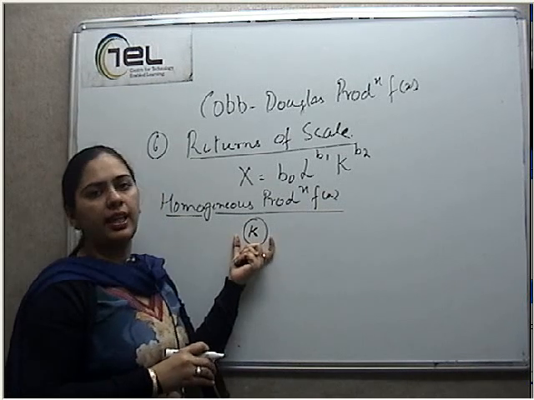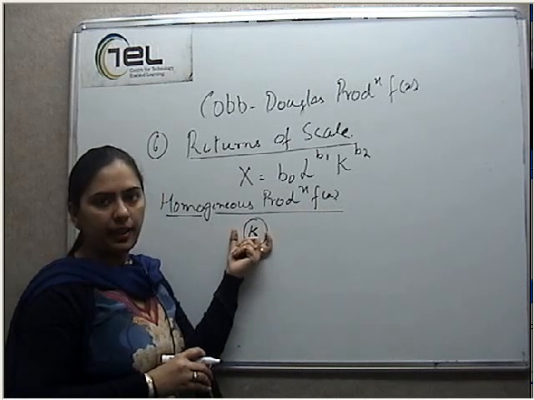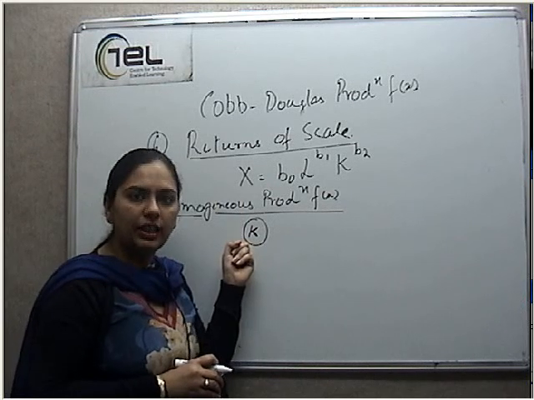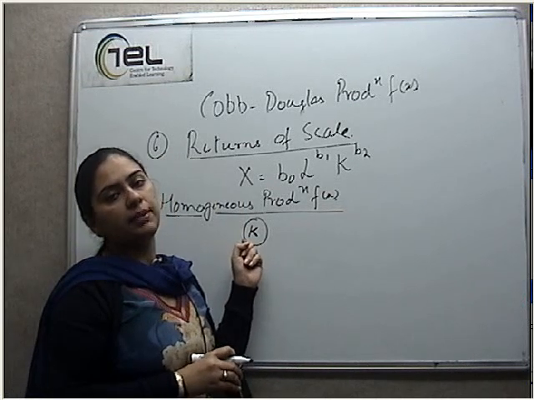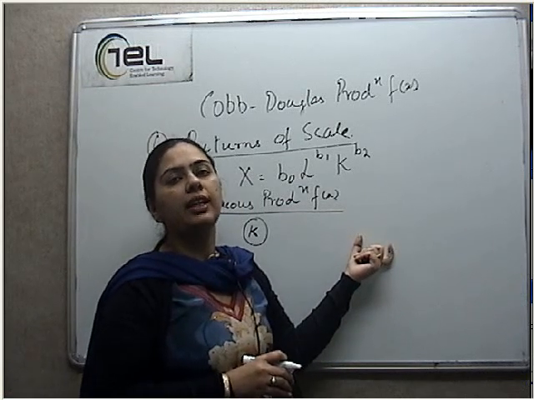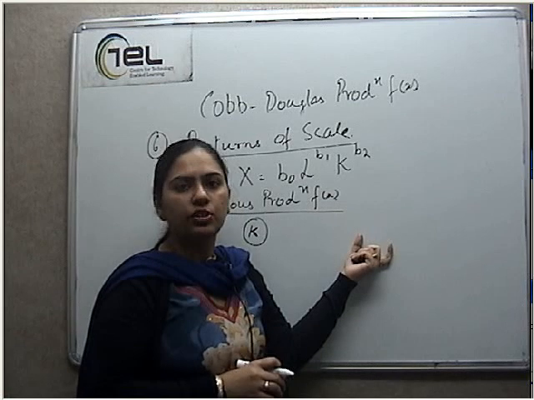But in case I explain this by small k, I say when I multiply my main function by a factor small k, and in the end I am in a position to factor it out. Factor it out here means I can take it common. That means my production function is homogeneous.